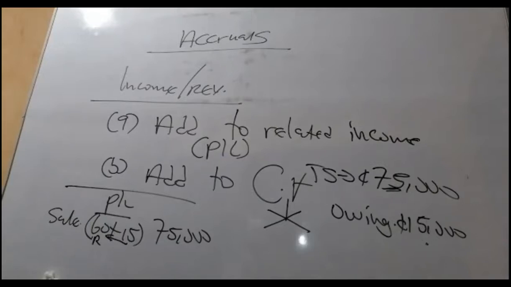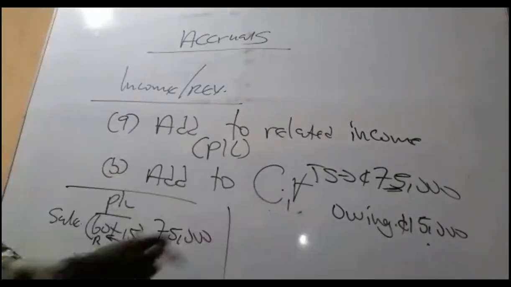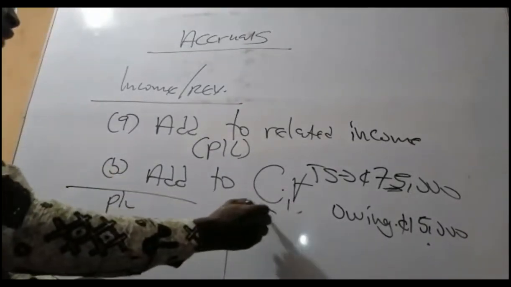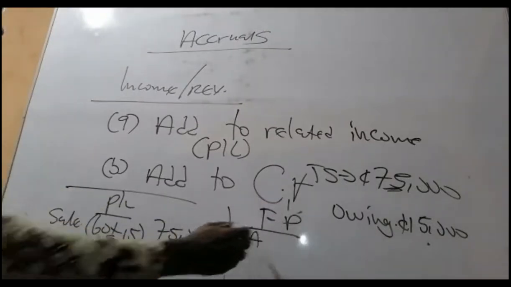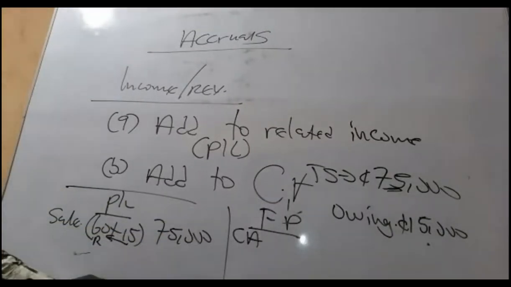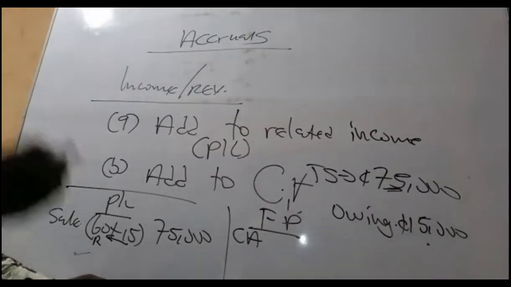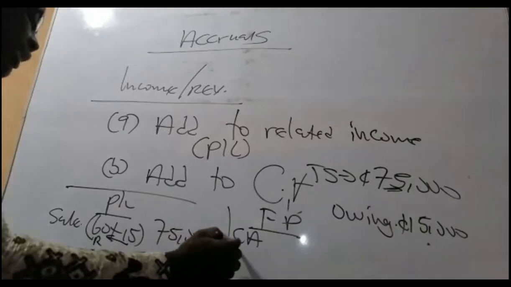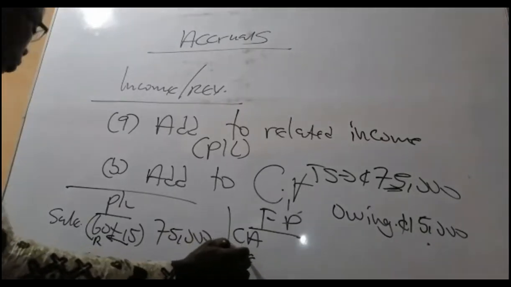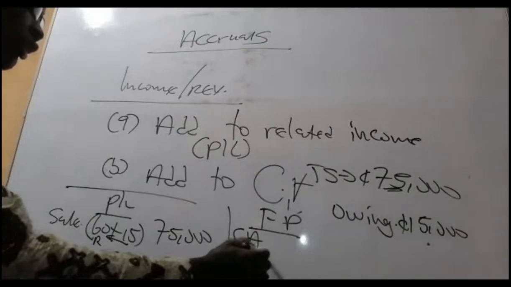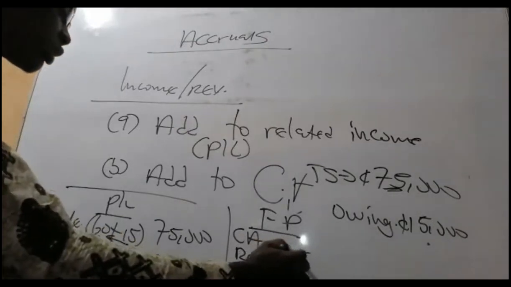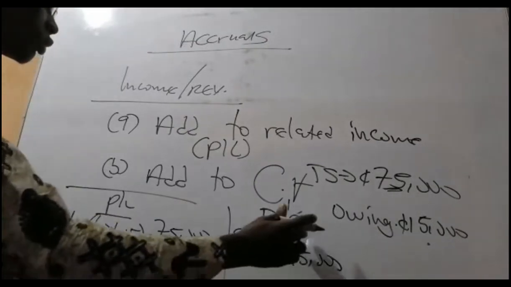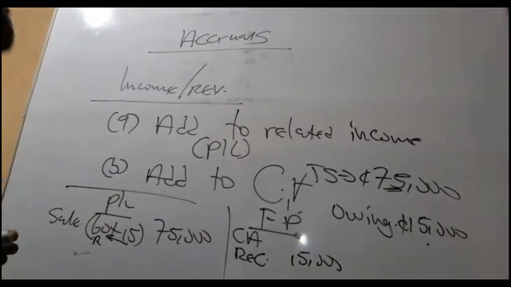And I'm done. Go to your financial position, the balance sheet. In the balance sheet, record current assets and write receivable, or debtors, or sales owing. Just that sales owing has a nice name. So that's how you see the debtors or the receivable. Receivable, 15,000. So this is the recording.